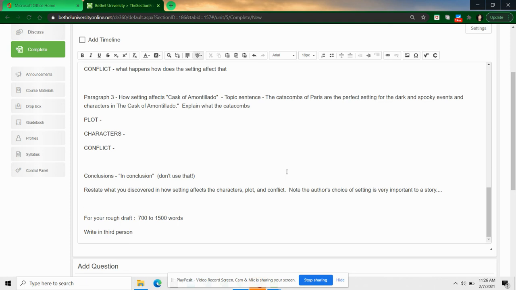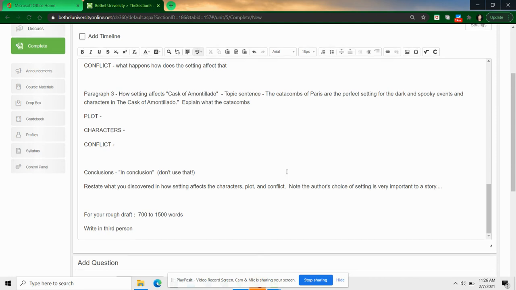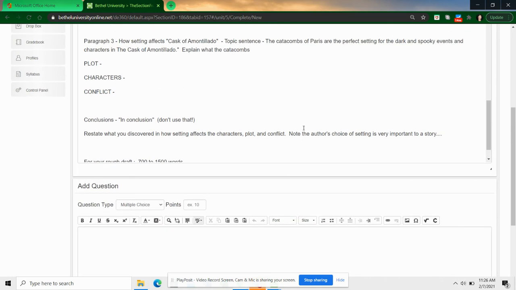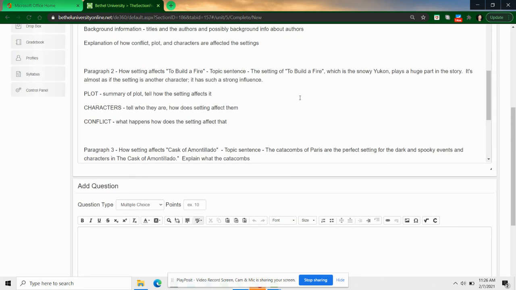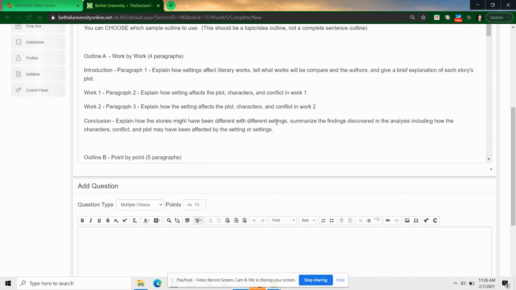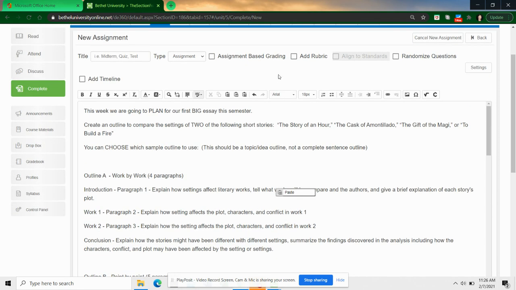You don't have to say, I discovered that setting is extremely important to the plot of a story. You can simply say, setting is extremely important to the plot of a story. You can completely leave out I discovered, or I found out, or I realized that. Just leave all that out and write strictly in third person. It makes your writing sound more formal, and it's just a good habit to get into, writing in third person so that your writing sounds more formal.